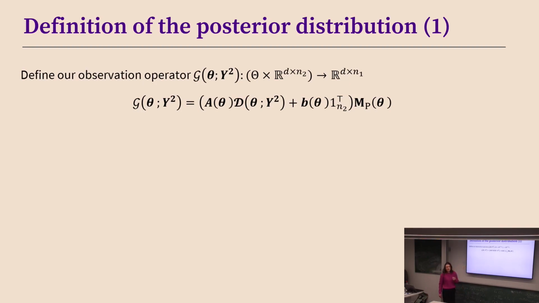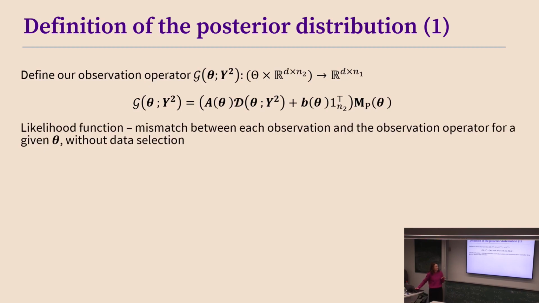We have the option to include the deformation. I'm not going to talk about that today, but that's this D term here. If we aren't including the deformation, this would simply be Y2. And then we include within our observation operator our permutation matrix. So this is what's describing that matching of points between Y2 and Y1.